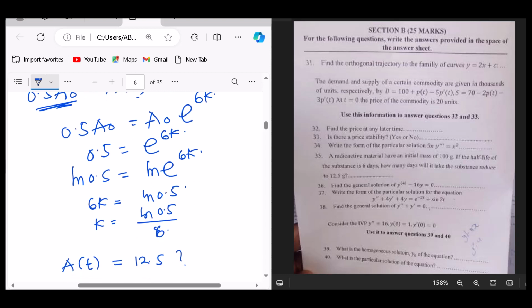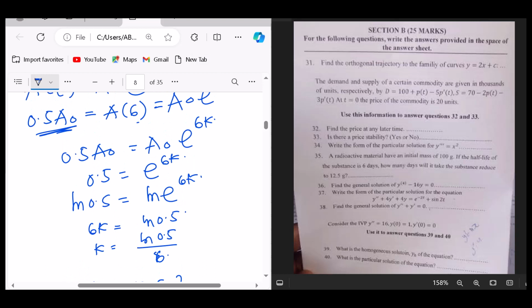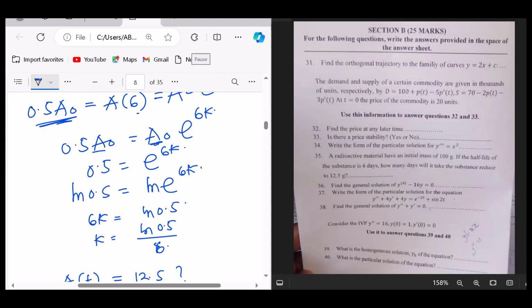So here actually, I think here would have been 50 and here is 100, because it was 100. So 50 over 100, that's just 0.5 anyway.